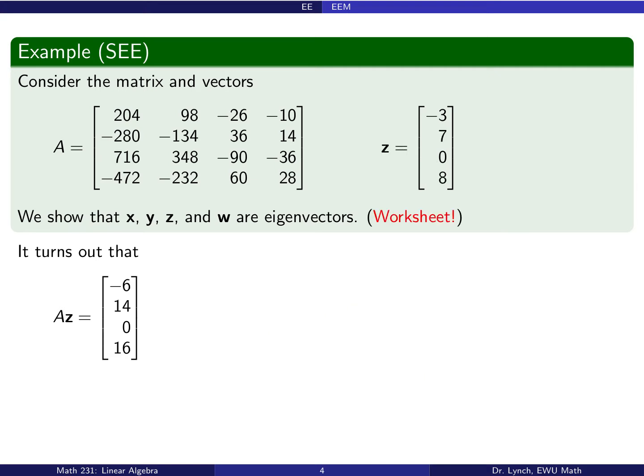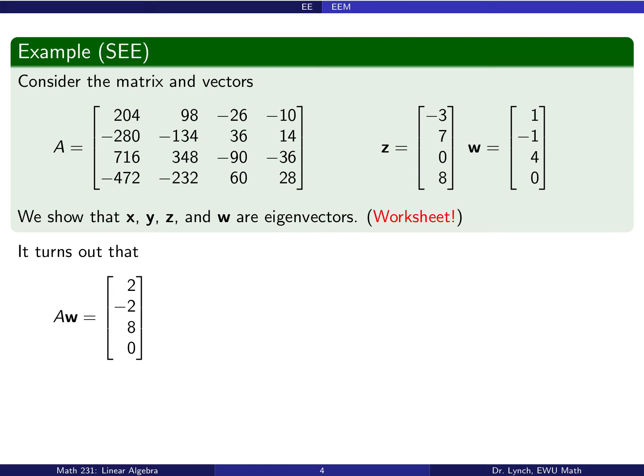Here's another one for you to play with. I'll ask you to go ahead and verify that A has eigenvector X with eigenvalue 2, and similarly, that A has eigenvector W with eigenvalue 2.